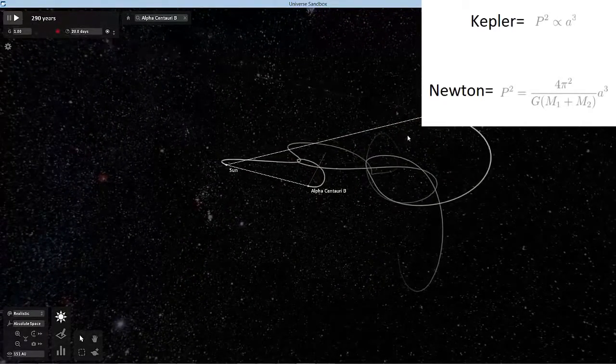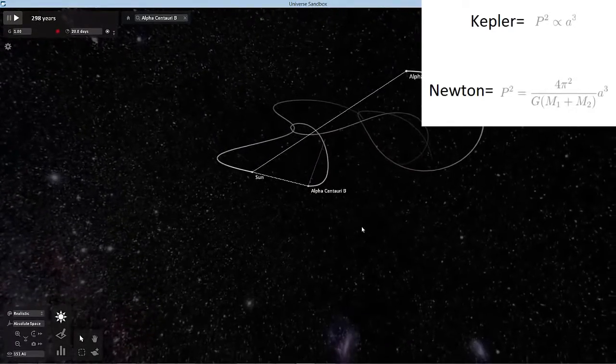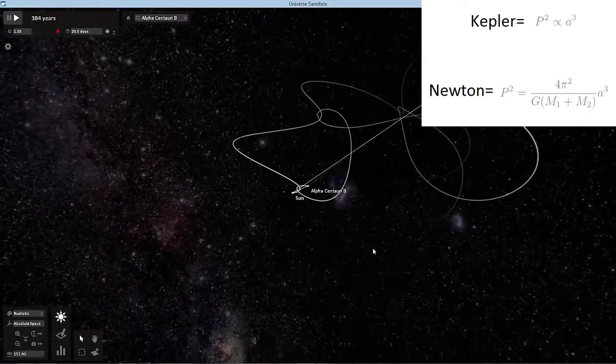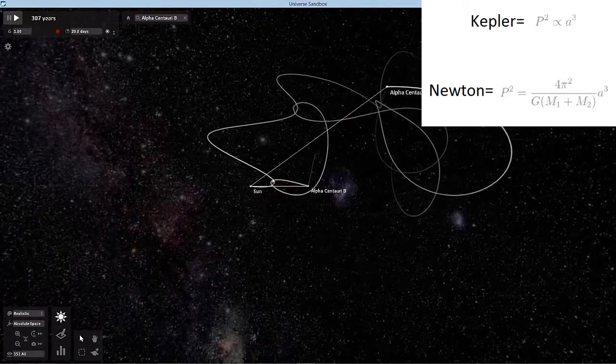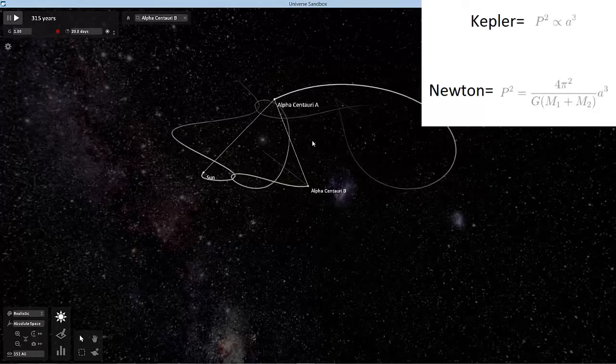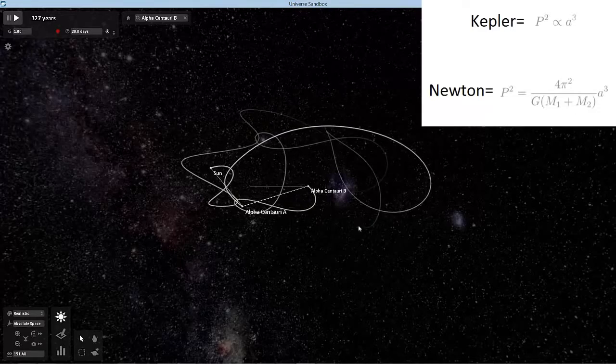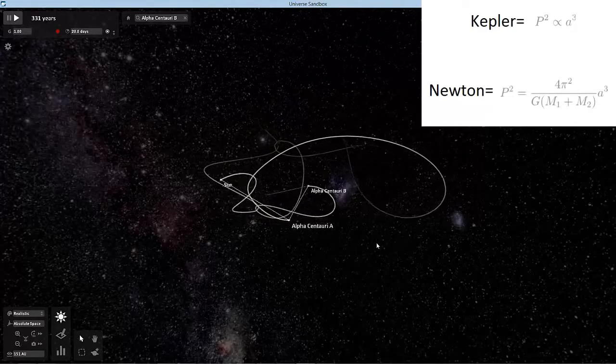But as far as things go, there's chaos theory, so there is a chance that anything can go. And you see that they just slingshot around each other. I don't know, maybe it will work.